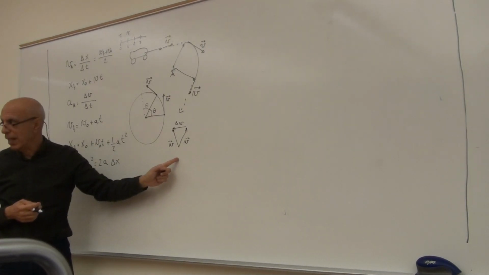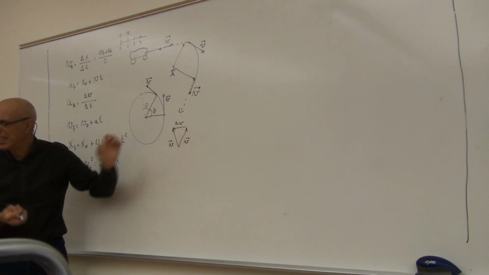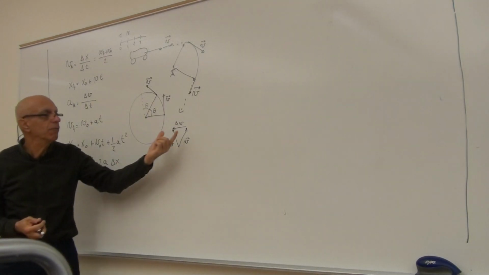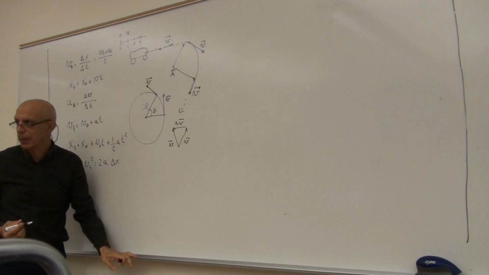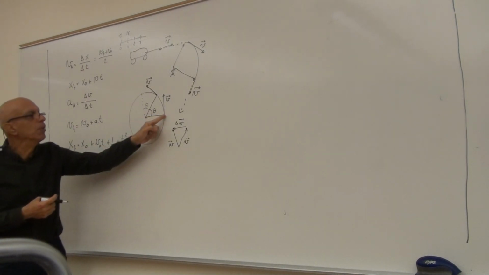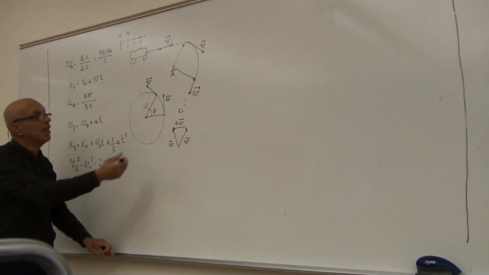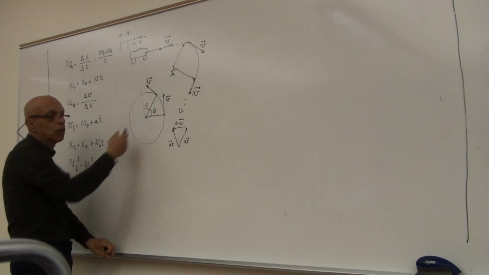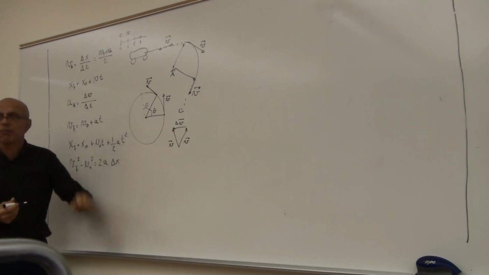But here we have a vector. It is the same magnitude, the same speed, but the direction is different. So delta V is another vector, going in this direction, pointing to the center of my circle.